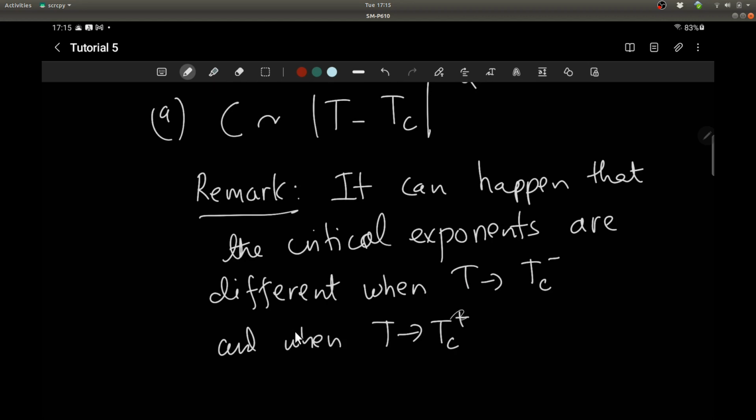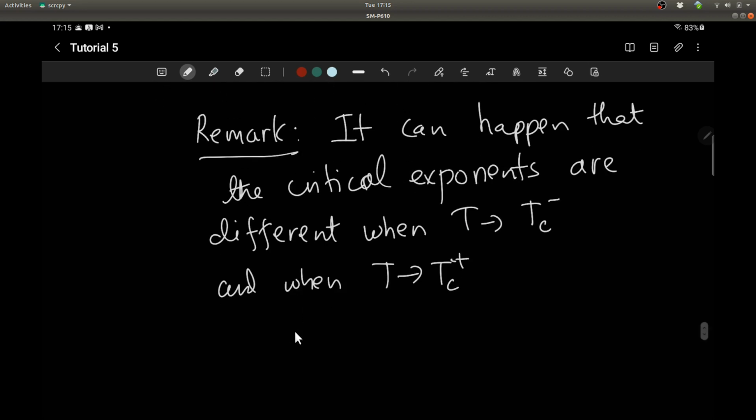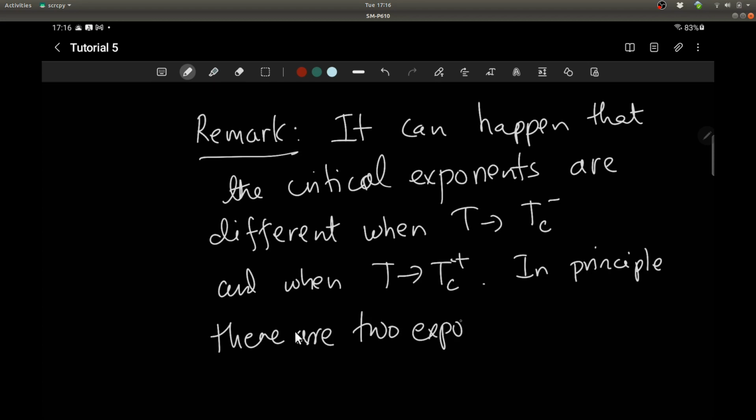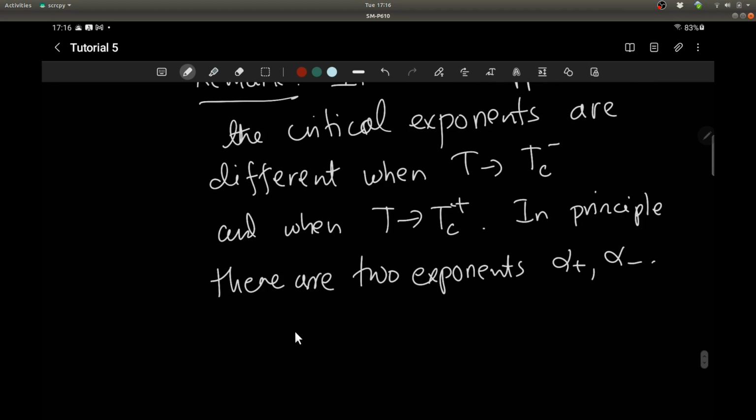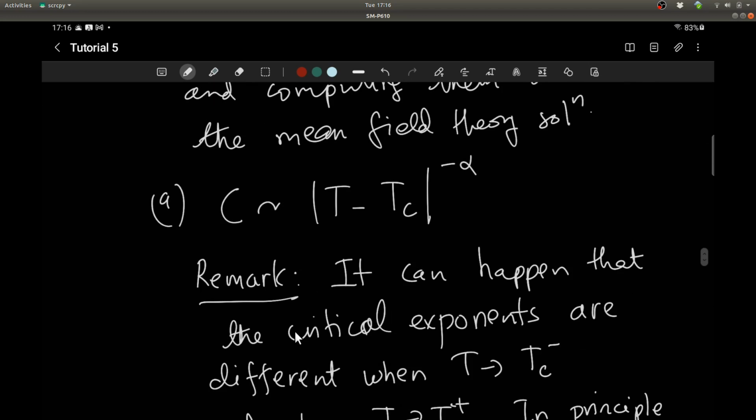Some books will define, in principle, two exponents which we can call alpha plus and alpha minus. But if they happen to be equal, we just say alpha. Is it clear that this is the definition?